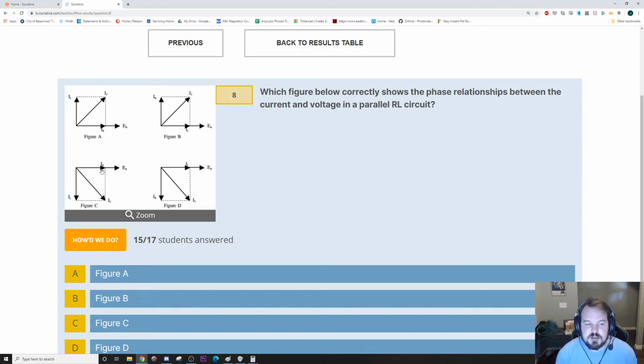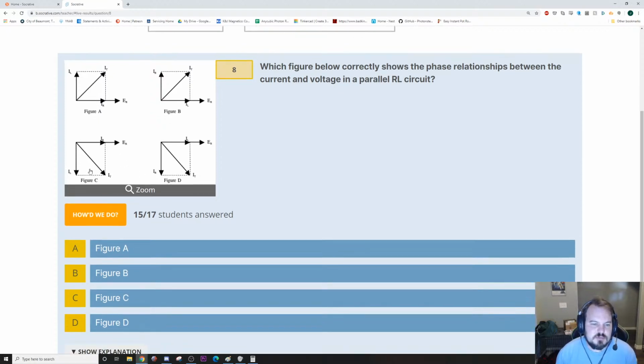Voltage leads current in an inductive circuit. So if voltage is at 0, current has to be at negative 90 degrees, because voltage is 90 degrees ahead. And in parallel, voltage is at 0 degrees. So IL is at negative 90. So figure C is our correct figure.